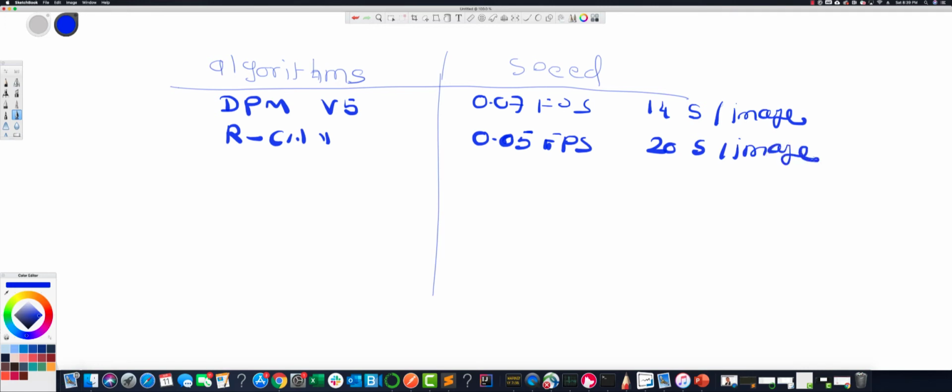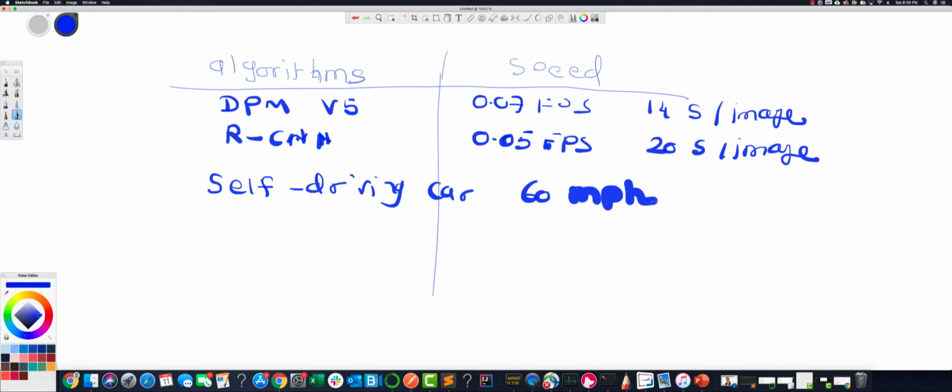So this is not good enough for a self-driving car, because a self-driving car is usually driving at a speed of 60 miles per hour on a freeway. This speed to detect objects, 14 seconds and 20 seconds, is not good enough.